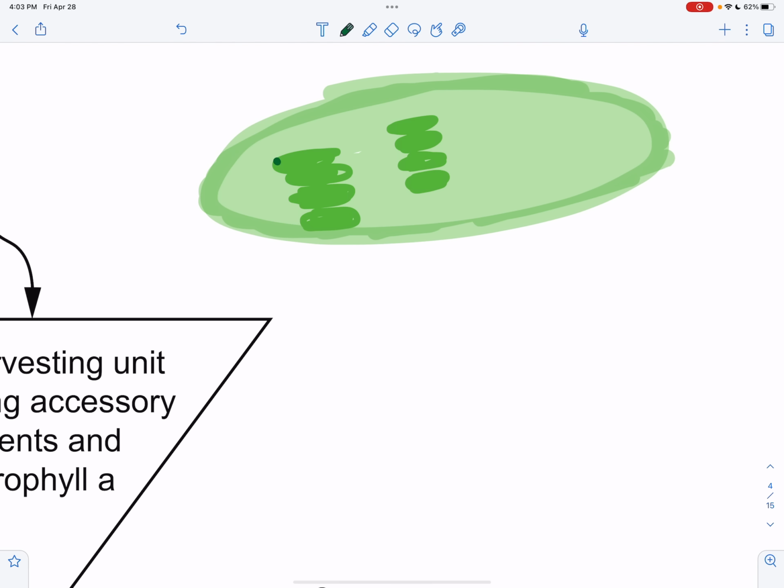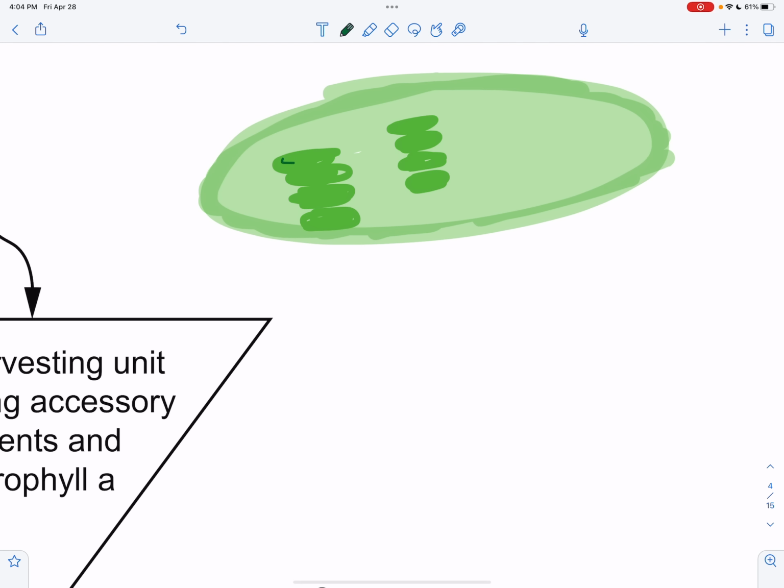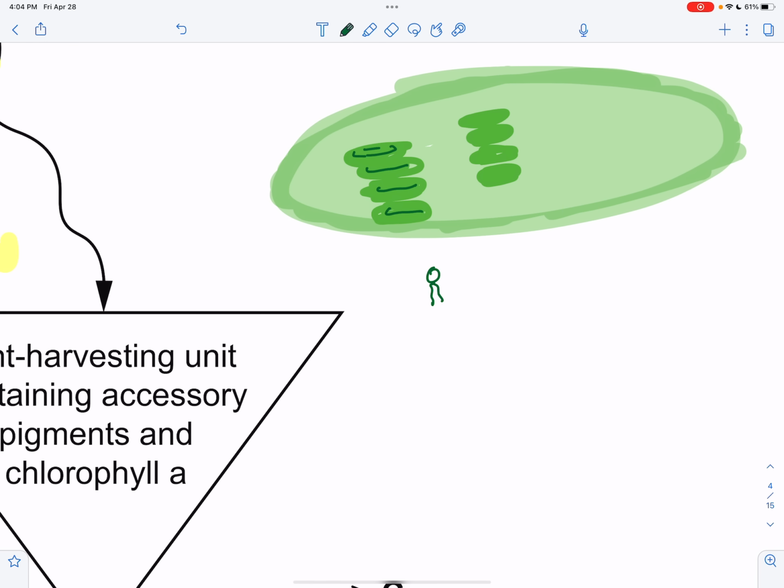And in their membrane area, the outside of it and then the inside of it, they all have the same membranes, just like our cell membrane.